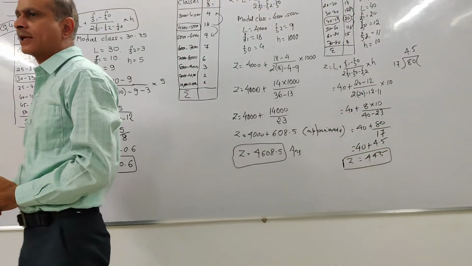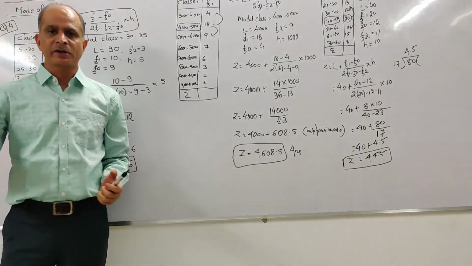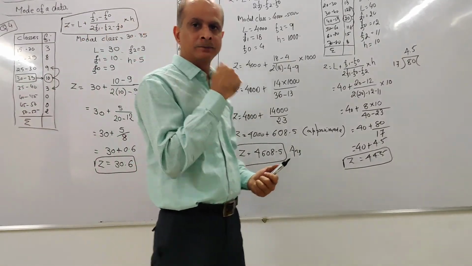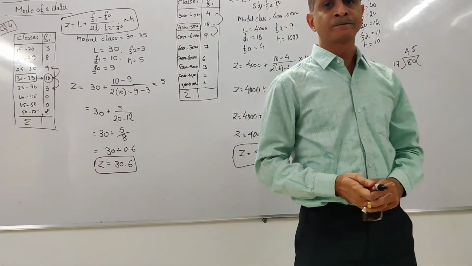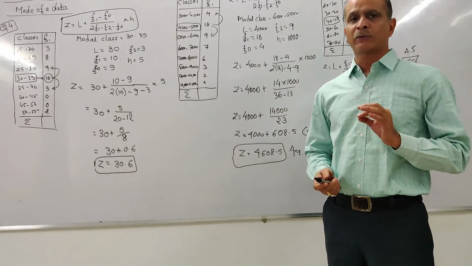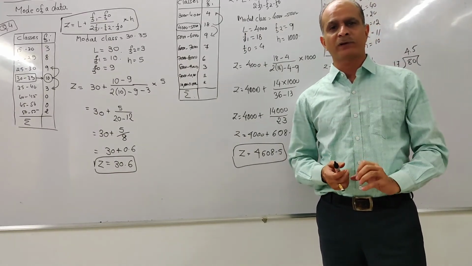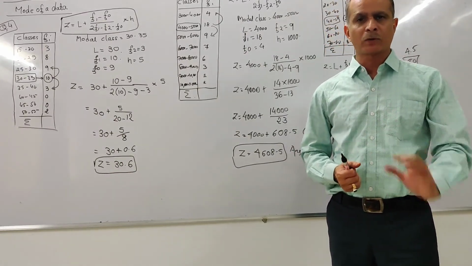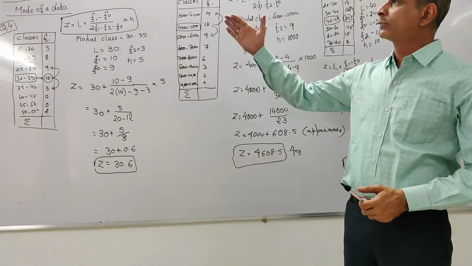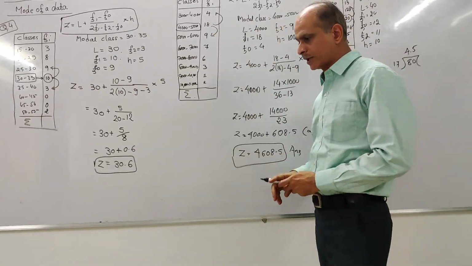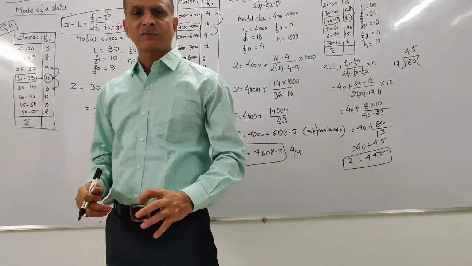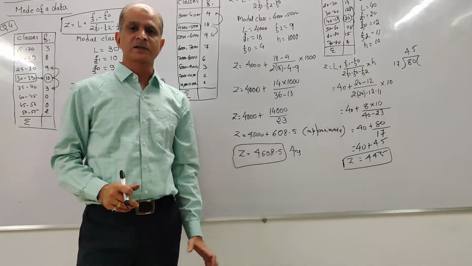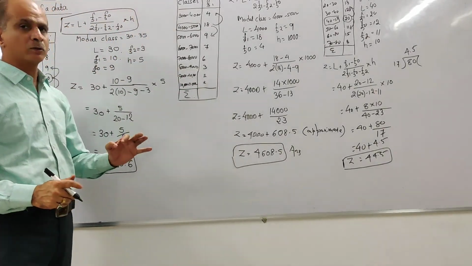Well, friends, as you know, in this chapter there are only three concepts: mean, mode and median. Exercise 14.1 is the mean of grouped data, and 14.2 is the mode of grouped data. The next very important part of this chapter is the median of grouped data.